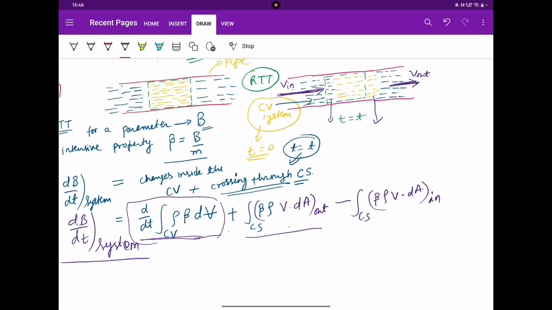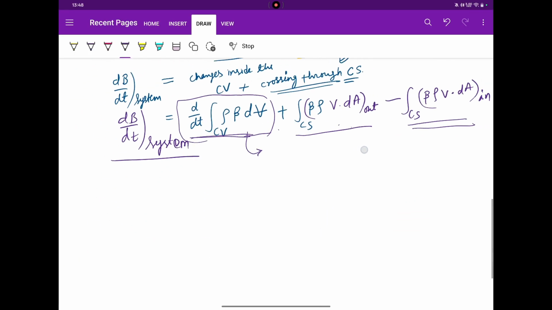So when you consider this control volume, you would have considered this blue color fluid also in the change in control volume. That is why you have to subtract it. Okay, you don't want to focus on this, so you subtract whatever has come inside the control volume.